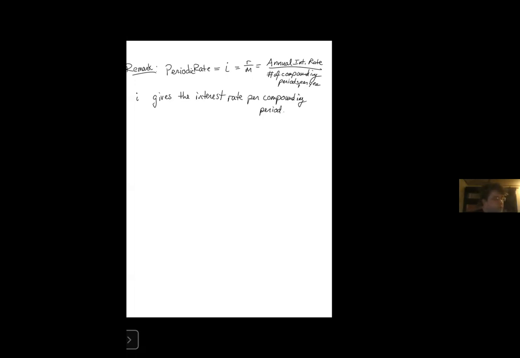So let's try to find a formula for compound interest. I hope this will all fit on one page. So let's generalize the previous example. Derivation of a future formula called the compound interest formula.